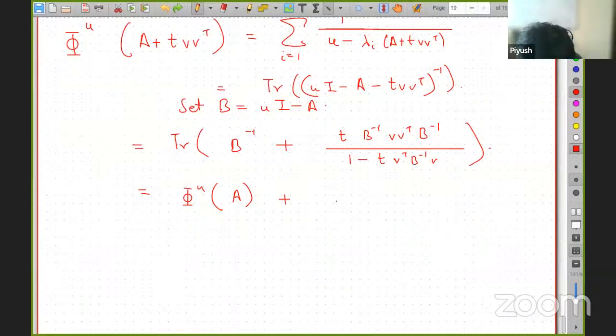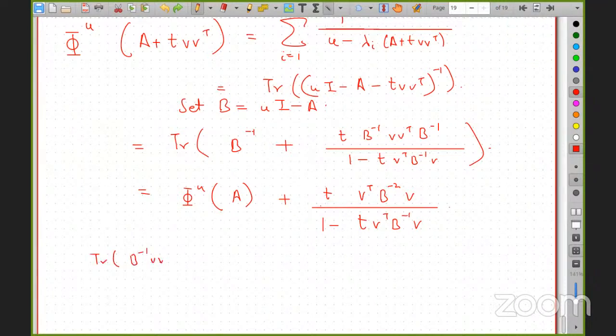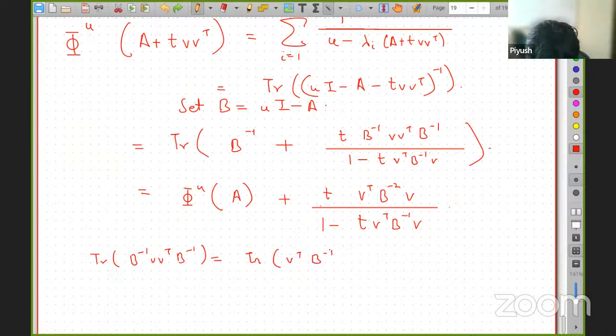The trace of this uses the cyclicity of trace: it is V transpose B inverse B inverse V, which is now a number. Is that fine?